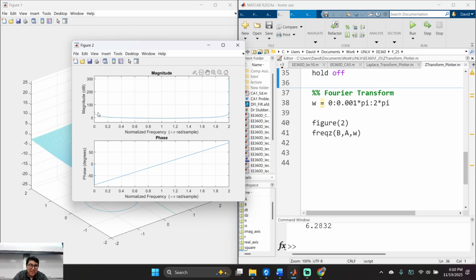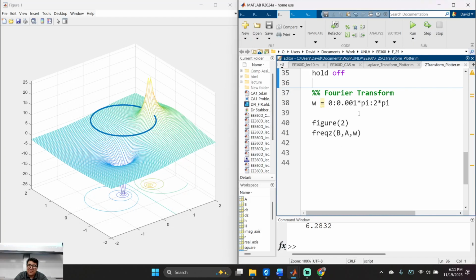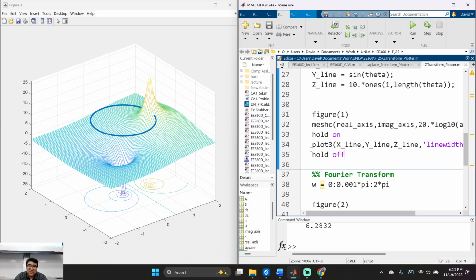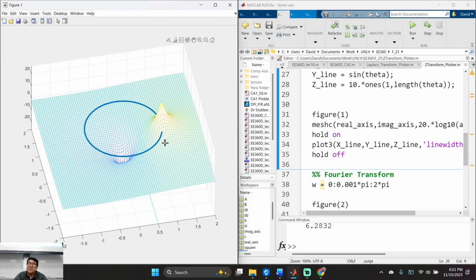Does that look good? Magnitude is 100 dB or something like that. That's our first point. 50 dB. Anyways, you guys understand what's going on then? But yeah, this is just for the unit step, okay?